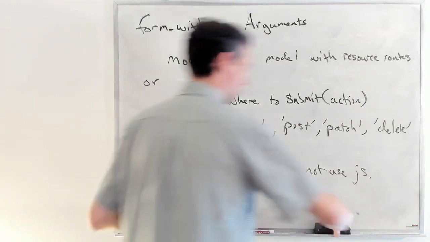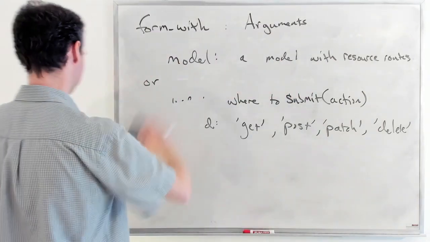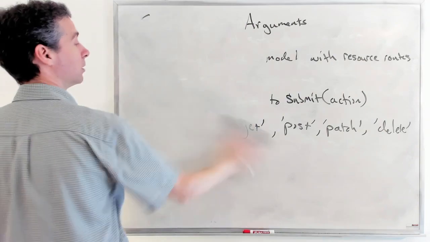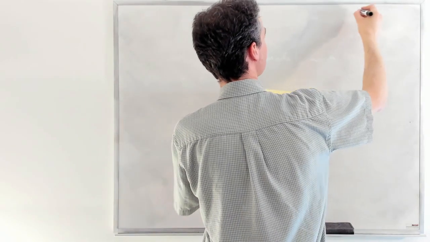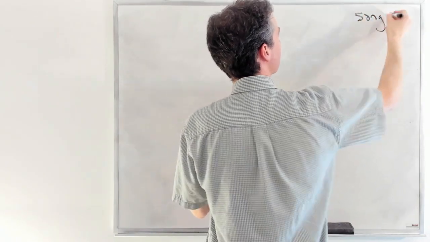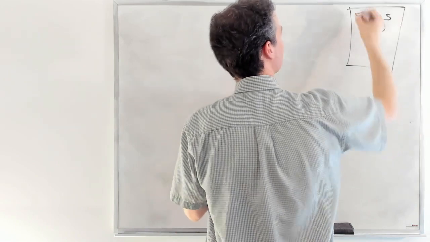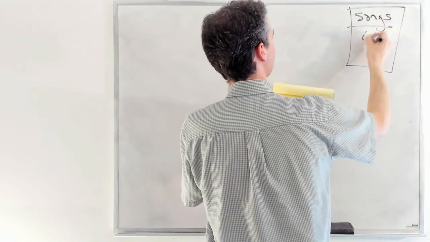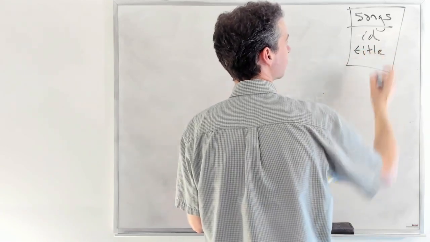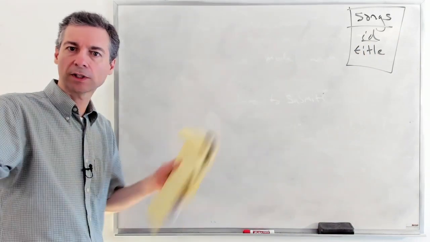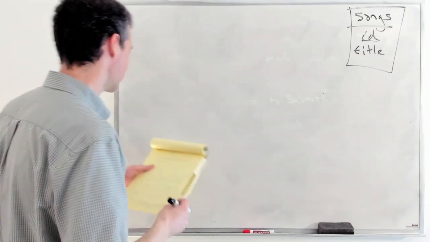So let's take a real quick example here. Let's say we had a simple model, songs, and it's got in it an ID and a title. Very simple. So we're just going to have a collection of songs, and we've listed them with their title.